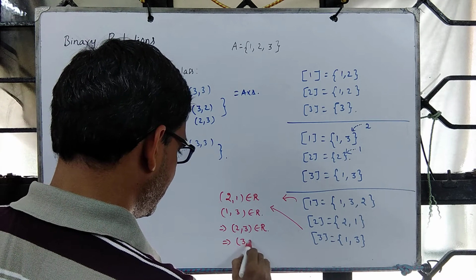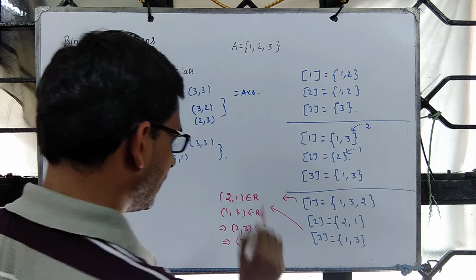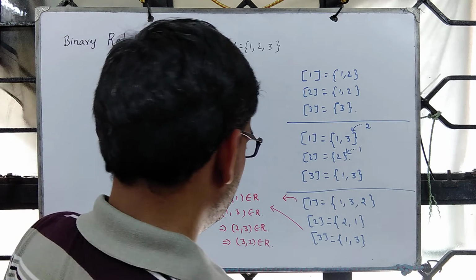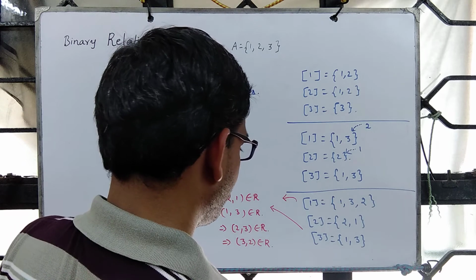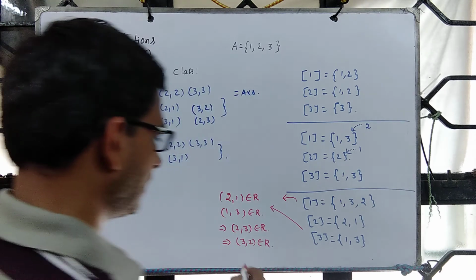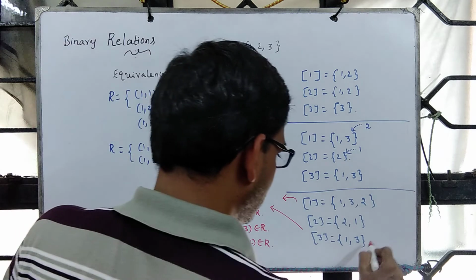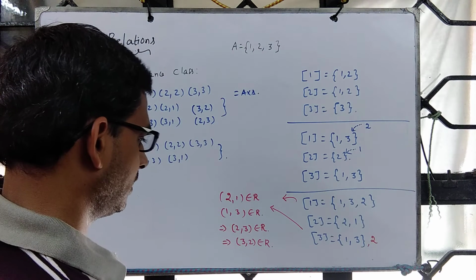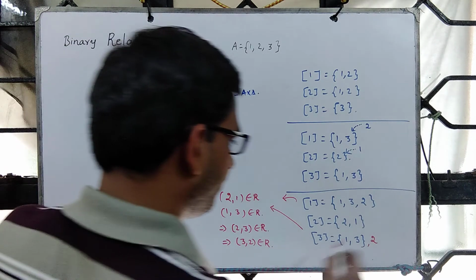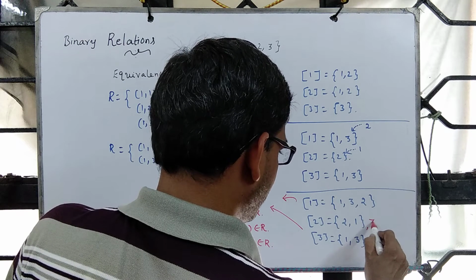Therefore, (3,2) belongs to R. So now (2,3) is present, which means we need to include 2 into this, and (3,2), so we need to include this.